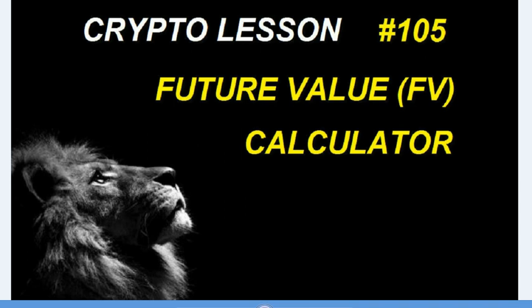It's pretty simple. So where would you need this kind of calculator? Well, this will be helpful if you want to determine the projected value of an amount that you put in today. Let's say today is February 4th, 2018.